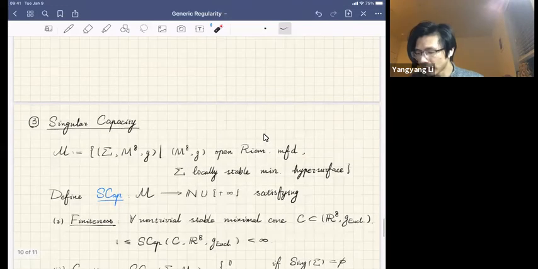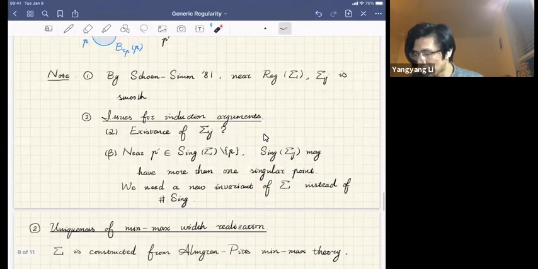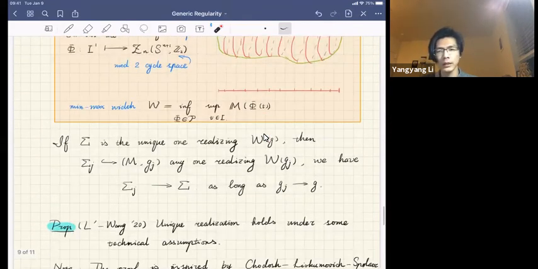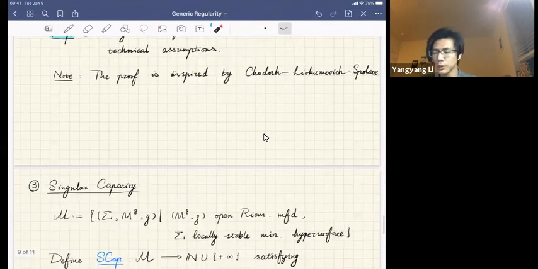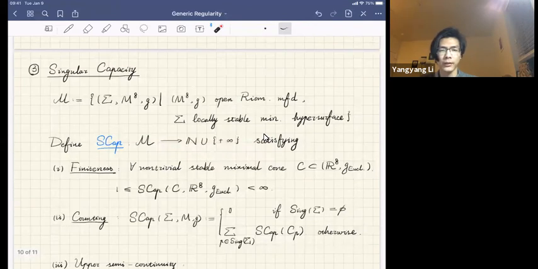And then for the second issue, let's take a look again. The second issue is to figure out a new invariant of sigma so that we can do the induction argument. As I mentioned in the abstract, we need to figure out a clever way to count the singular set, and here it is the singular points.